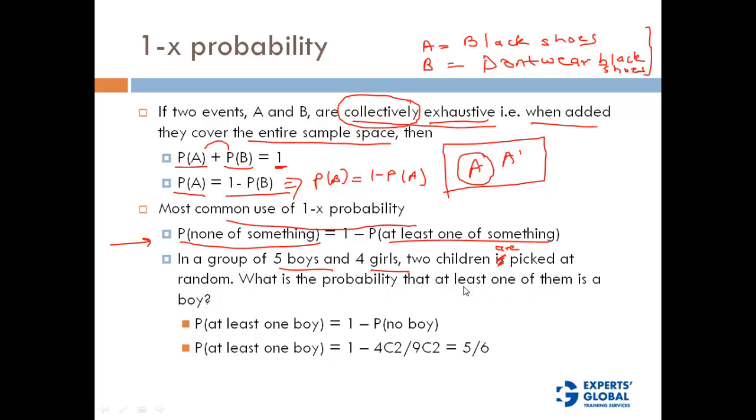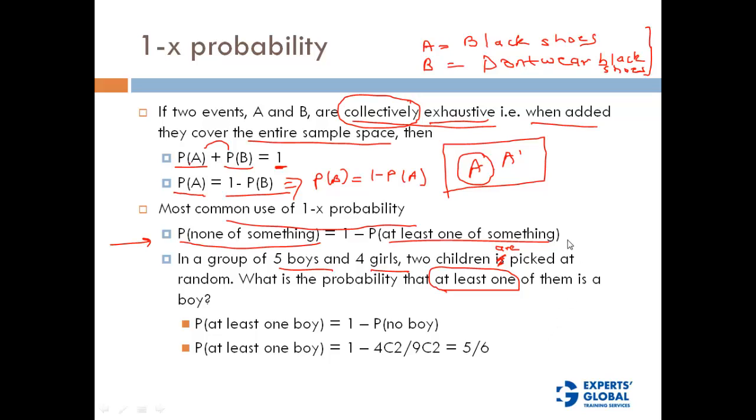So wherever we deal with at least one, think of it this way. I need at least one boy. So that means I am talking about an event where I have at least one boy.